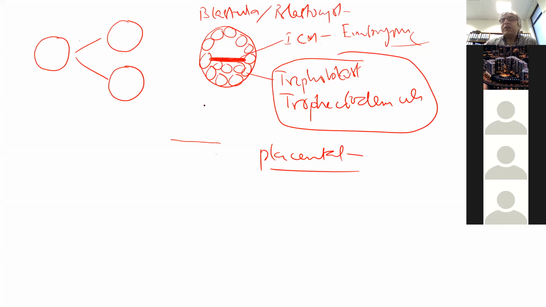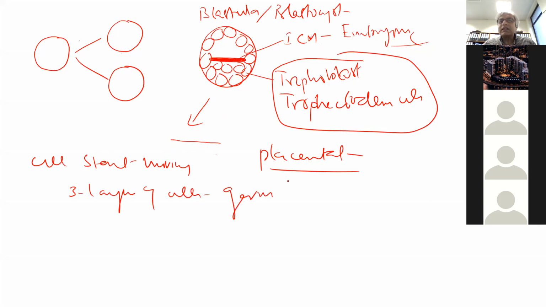And after the blastocyst stage, what happens? Cells start moving, and there are 3 different layers of cells which are called germ layers. They are different from the germ cells. Don't confuse them with the germ cells.